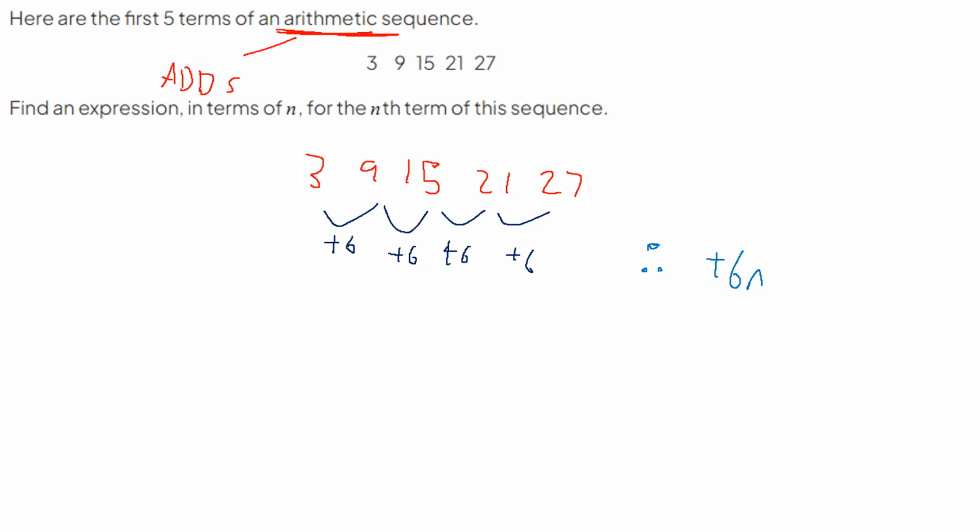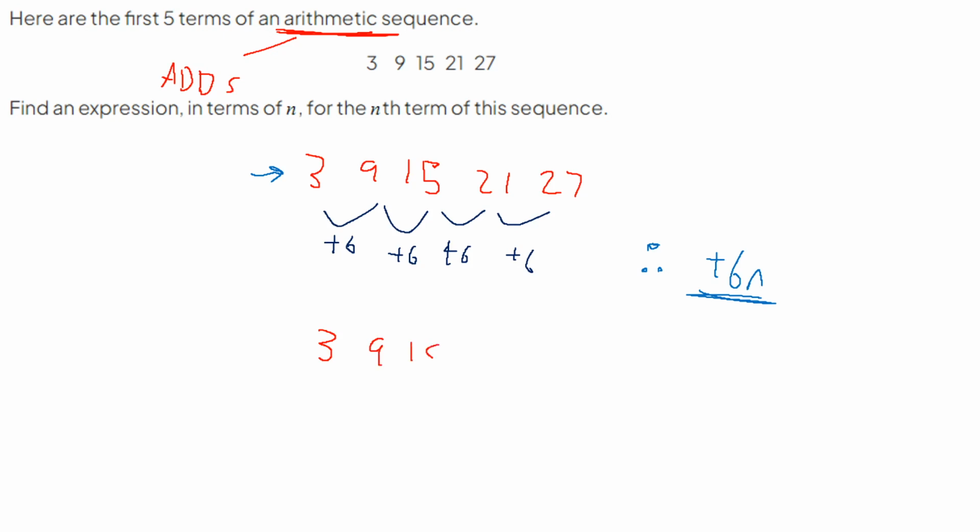Now, it's not just going to be 6n, it's going to be 6n and something. But what is that something? Now what we need to do is we need to have this sequence and we subtract 6n. To do that, we're going to rewrite our sequence.